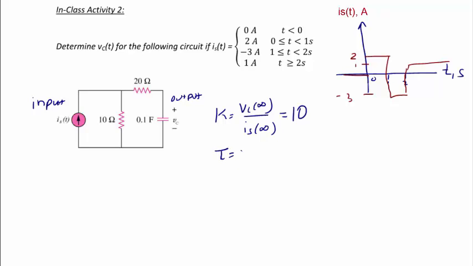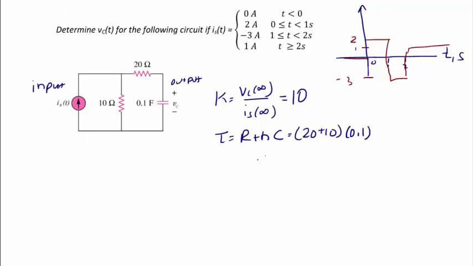Tau is equal to R Thevenin times C. The Thevenin equivalent resistance seen by the capacitor, remember you turn off all independent sources to find Thevenin equivalent resistance. This becomes an open circuit, would be the 20 ohm in series with the 10. So that's 20 plus 10 times the value of the capacitor, which is 0.1. So tau is equal to 3 seconds.